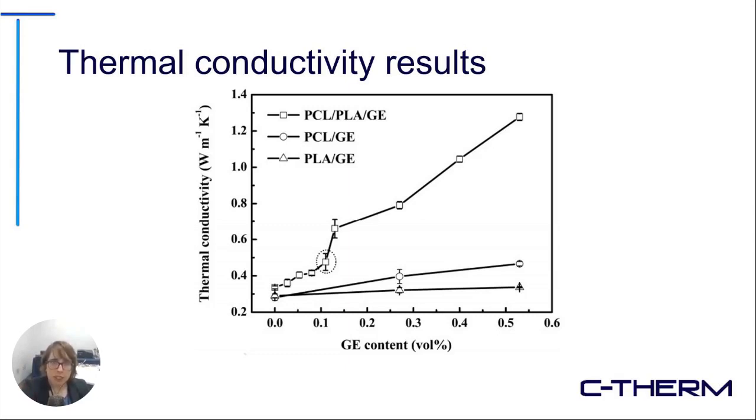It shows that trapping the graphene at the interface of the polymer blend really improves the organization of the heat transfer network and therefore improves the overall heat transfer efficiency. This work was generated using the C-Therm MTPS sensor, which enabled testing of single pieces of the polymer composite materials.